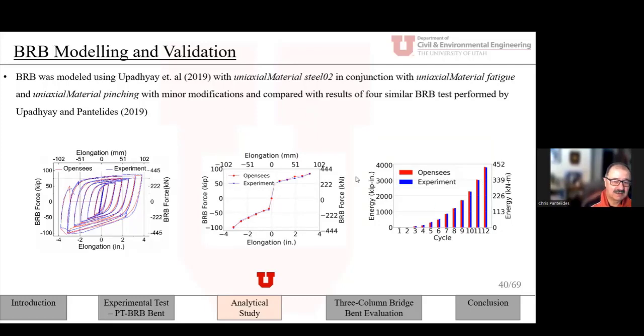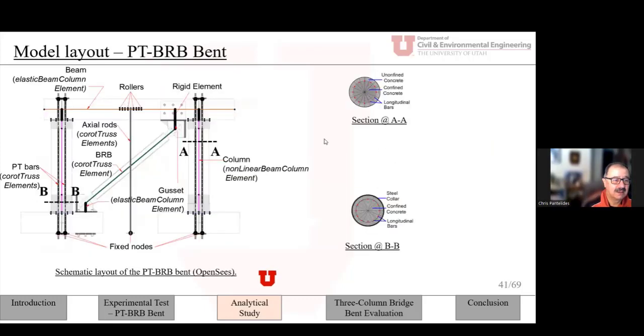There are many assumptions here. We assume the column footings are fixed, the cap beam is rigid, the frictional forces are ignored, and the post-tensioning bars behave as straight, and we ignore buckling of the post-tensioning bars. The P-delta effects and the P-delta moments are counterbalanced, and of course we didn't model torsional or out-of-plane deformations of the gasket and the BRB.